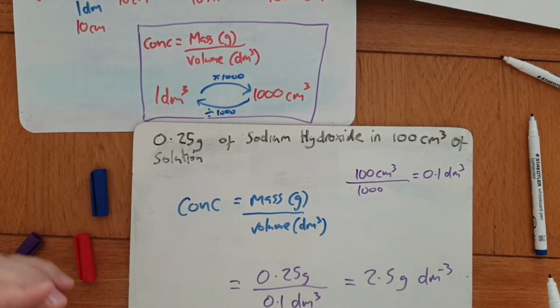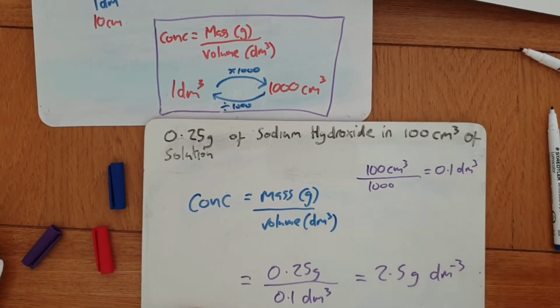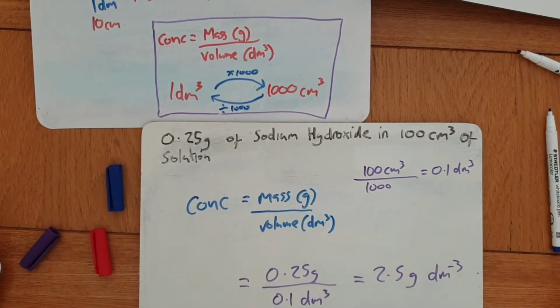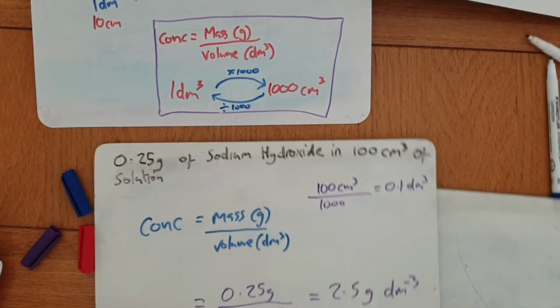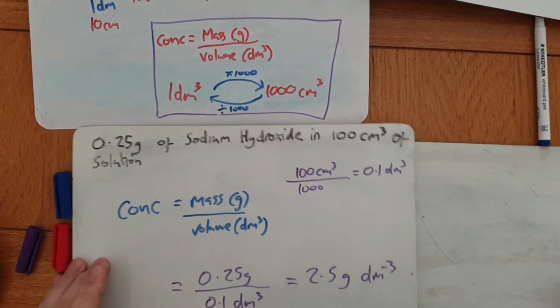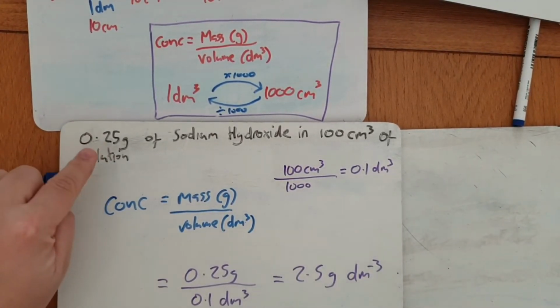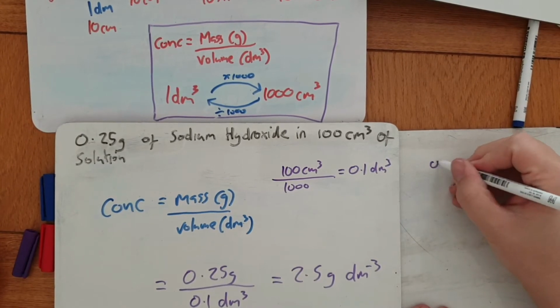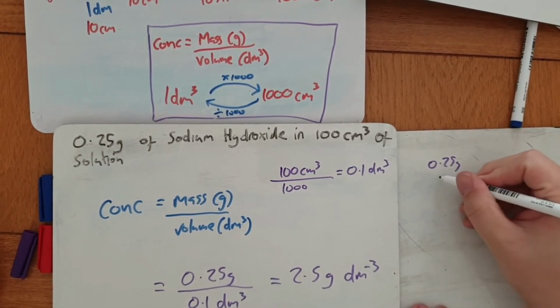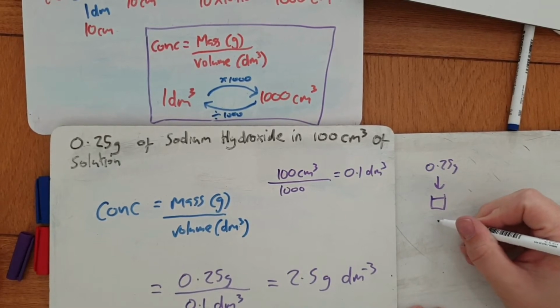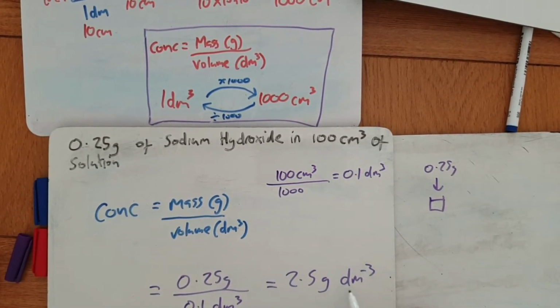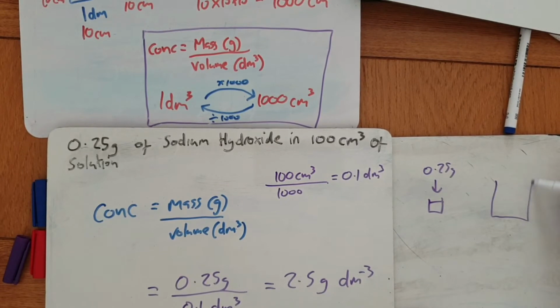And it makes sense if you think about it. I'll just get another board. I'll just check that you can see all of that. They had a tiny amount, so they were putting 0.25 grams into quite a small volume. And for this unit, we want to know if we were making it into one big decimeter.